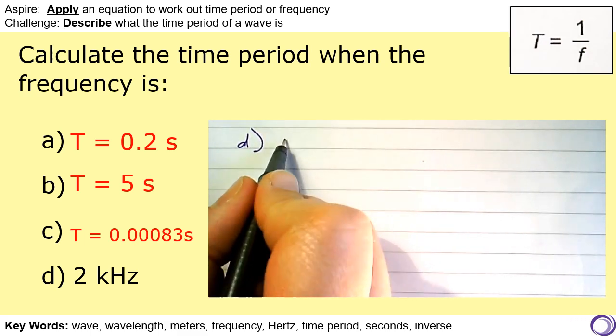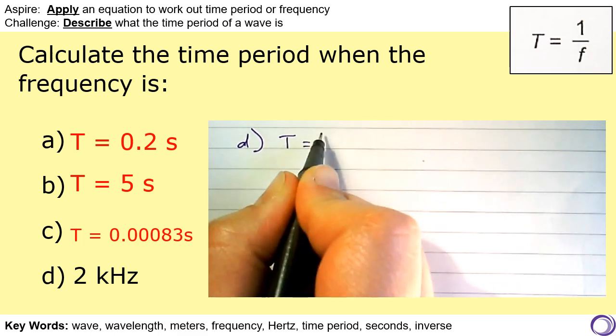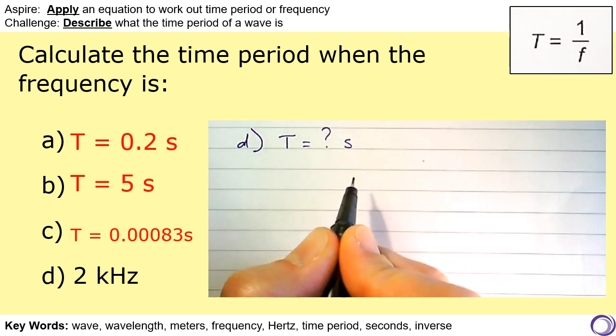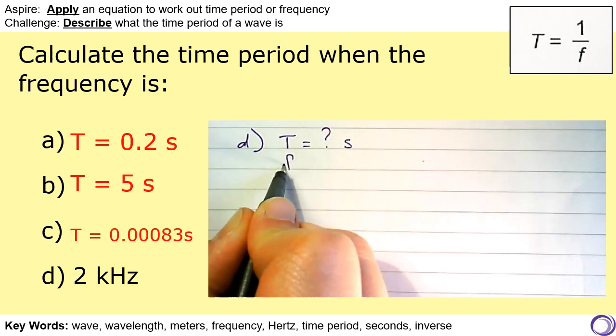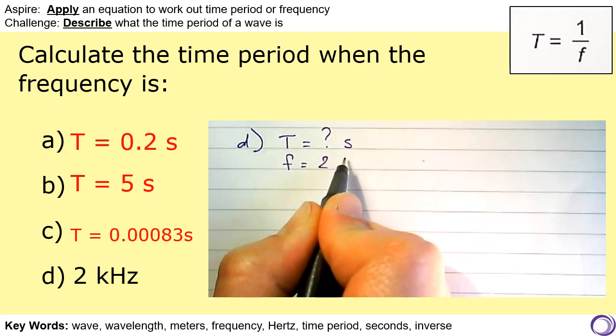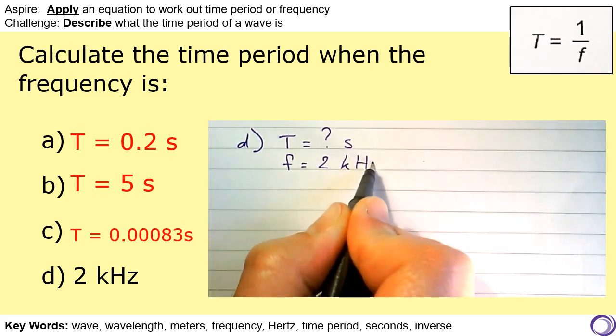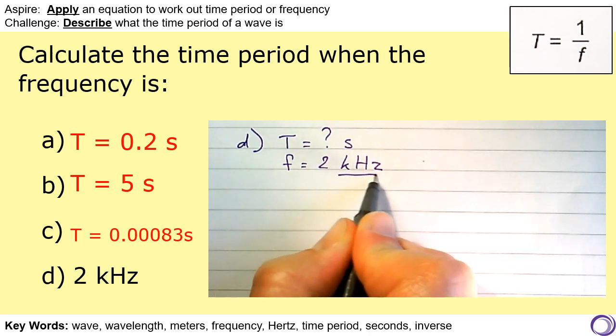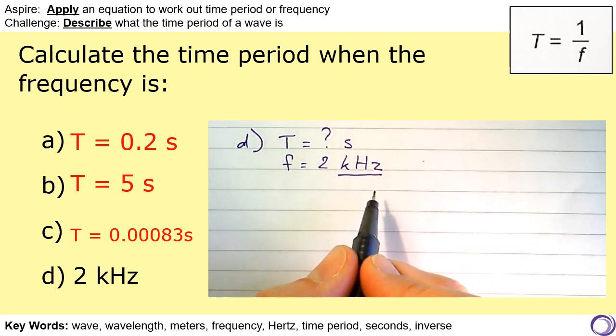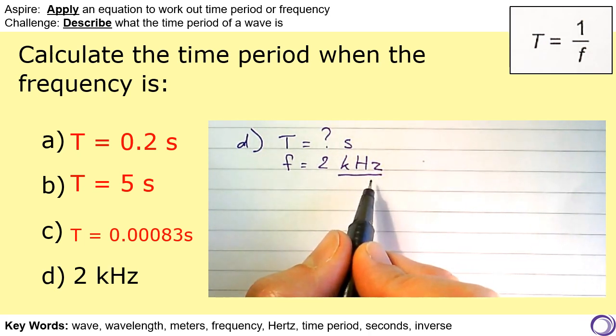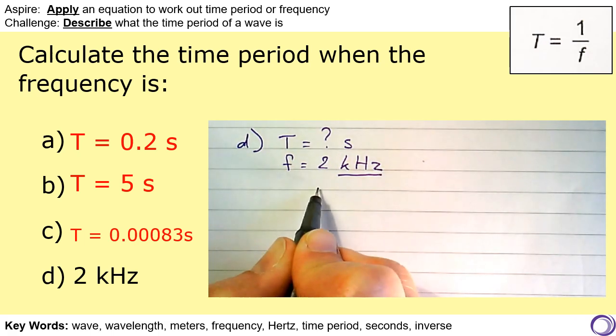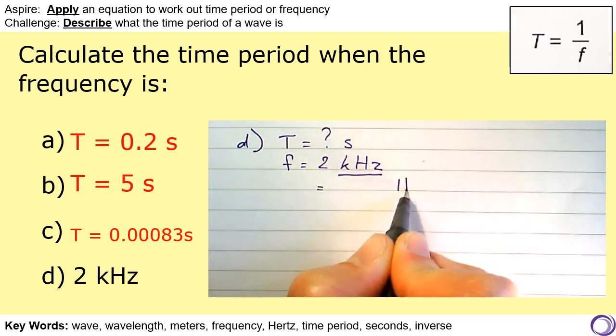Okay, now let's have a look at the last question, question D. So again, we're looking for time period, and the unit is seconds. But this time, our frequency is 2 kilohertz. Now, kilohertz is not the standard unit for frequency. We need to convert this into hertz.